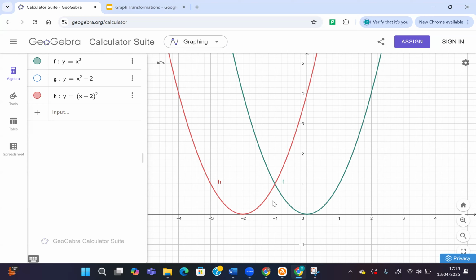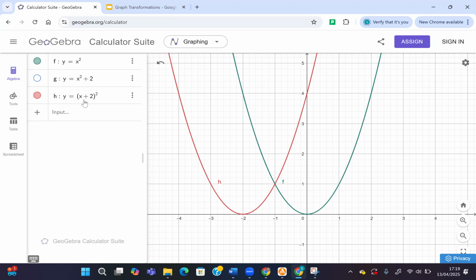So we've subtracted 2. And likewise, on the green graph, or the graph of y is equal to x squared, this coordinate is minus 1, but the new coordinate is now minus 3. So we've essentially done the opposite. And instead of adding 2, we have subtracted 2 from all the x coordinates.